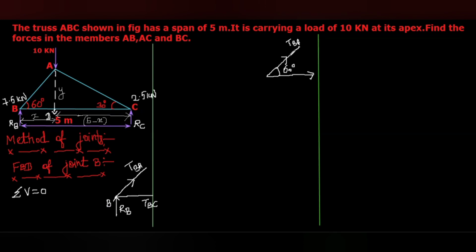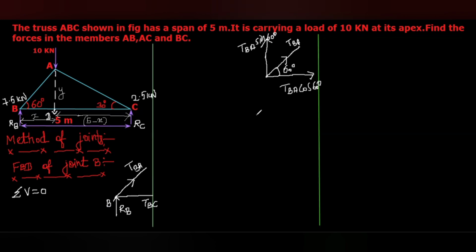So we will resolve this inclined force into two components, like TBA cos 60, that will act towards right side, because if we consider this TBA is acting outwards from B, this will be in the first quadrant. So TBA cos 60 will act towards right side. TBA sin 60 will act upwards.